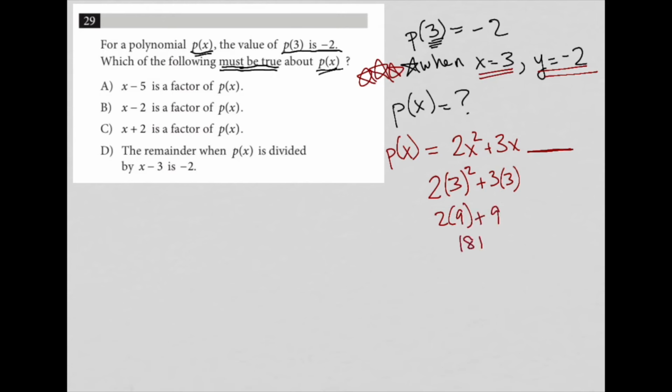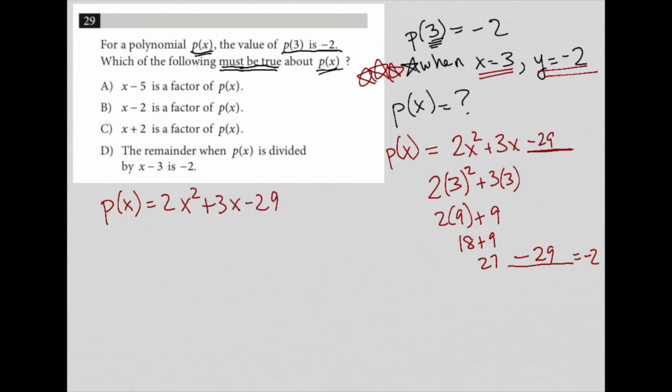I get 18 plus 9, which is 27, right? So what needs to go here so that I end up with -2? Well, that would be a -29. So I just made up a function that will actually work given the parameters of this question. So I'm going to say my p of x is equal to 2x squared plus 3x minus 29.